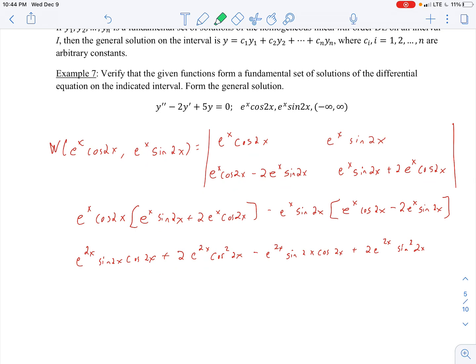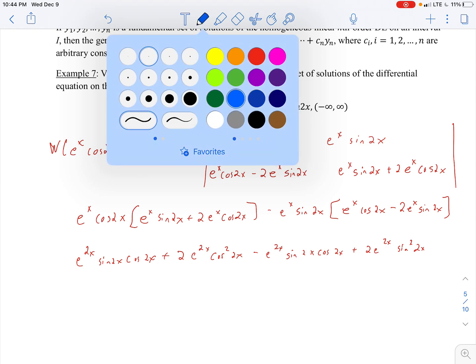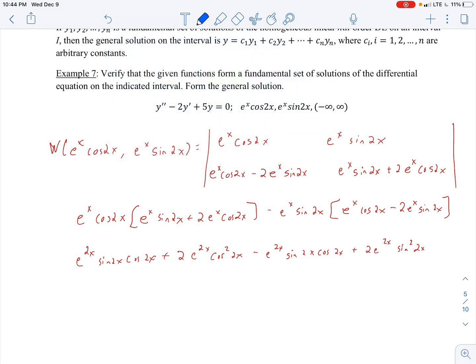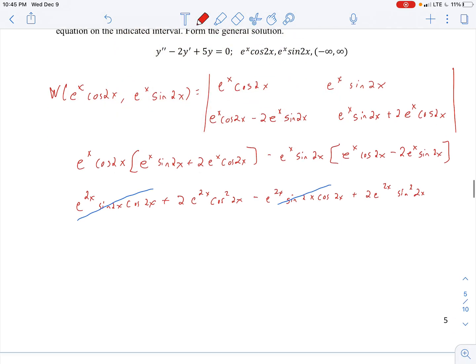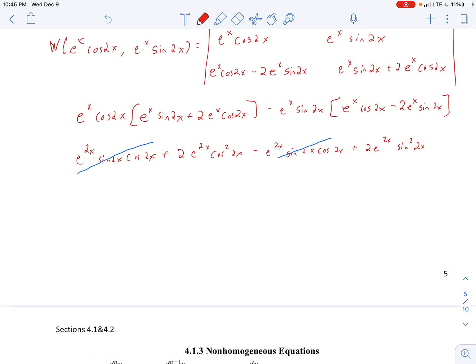The e to the 2x sine 2x cosine 2x is going to cancel out. We're left with 2e to the 2x cosine squared 2x plus 2e to the 2x sine squared 2x.